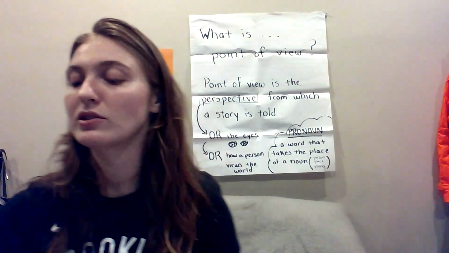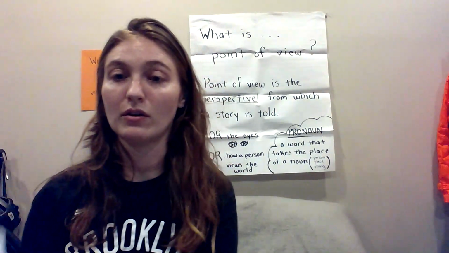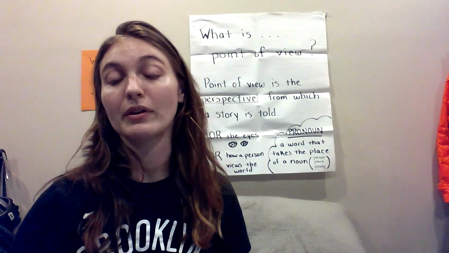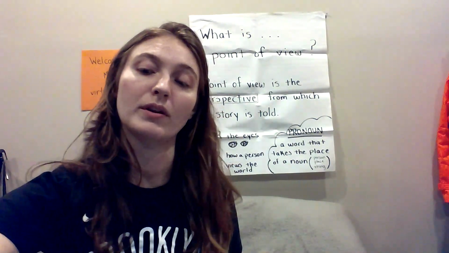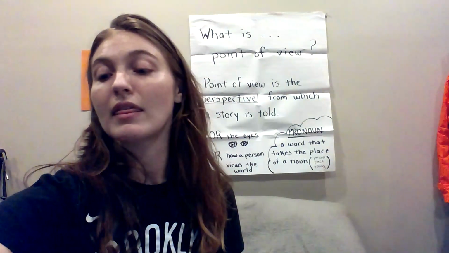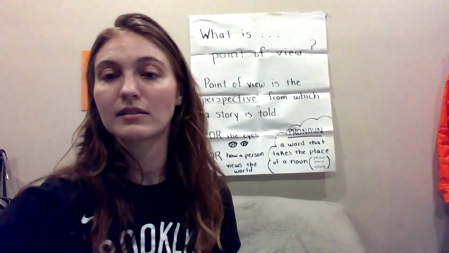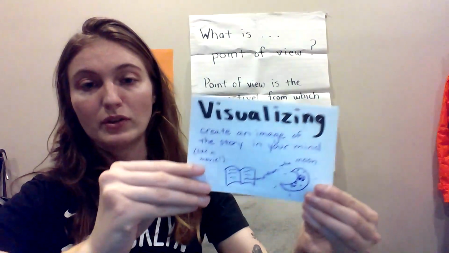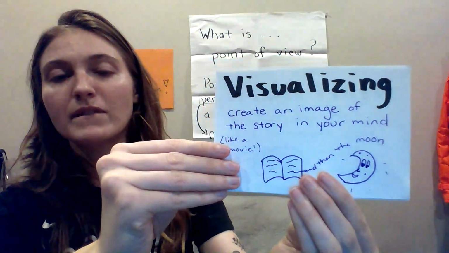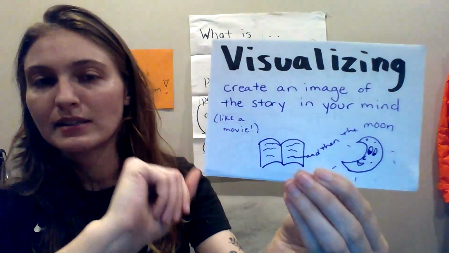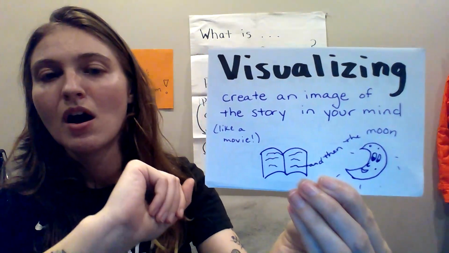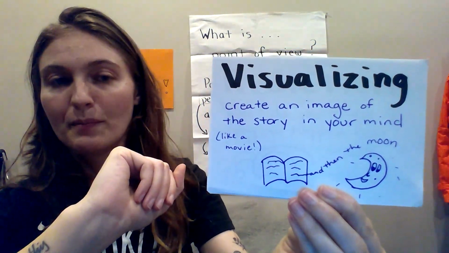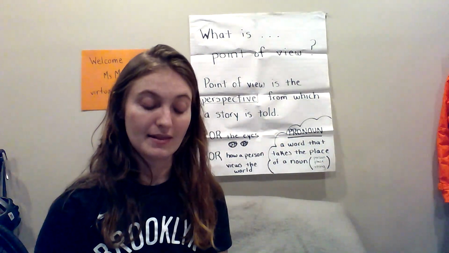Now, let's do some quick review of the concepts that we've previously discussed, and then we're going to deep dive into the more complex elements of close reading strategy. So first is visualizing. When we're visualizing something, we are creating an image of the story in our mind. And this is something that you would find in that first read.